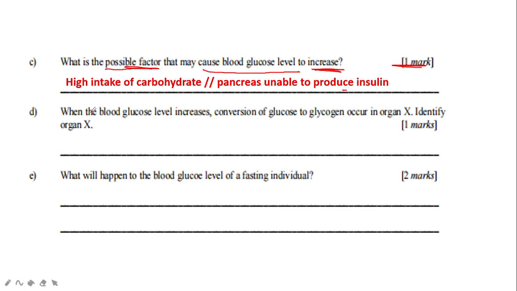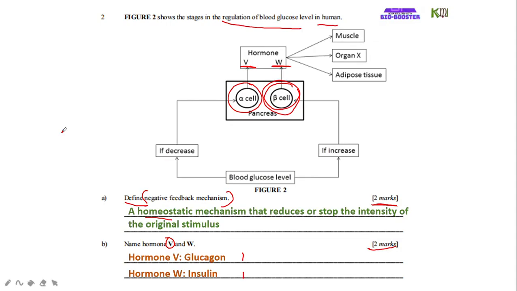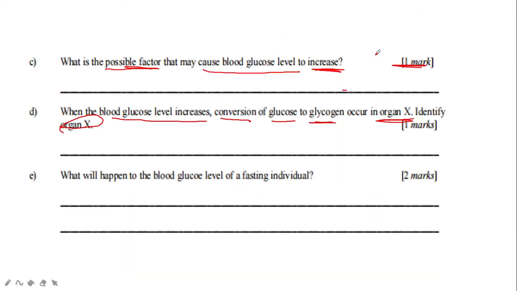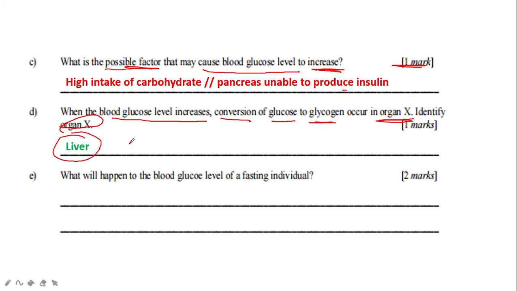And D, when the blood glucose level increases, conversion of glucose to glycogen will occur in organ X. You have to identify organ X. Look at the diagram given. These hormones go to 3 tissues: muscle, organ X, and adipose tissue. So the answer is liver. You will get 1 mark for liver.